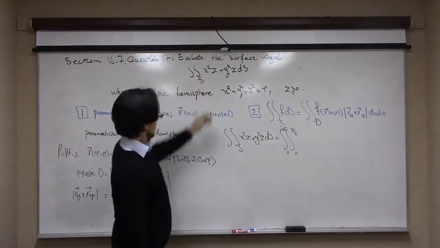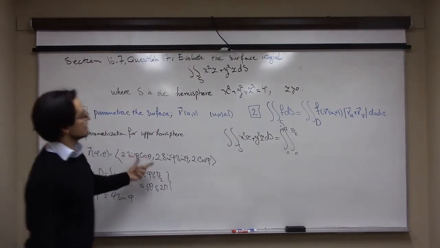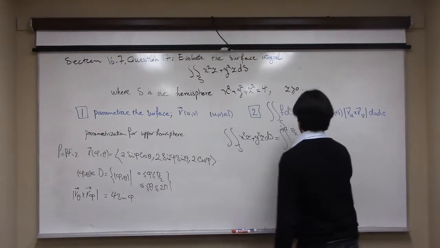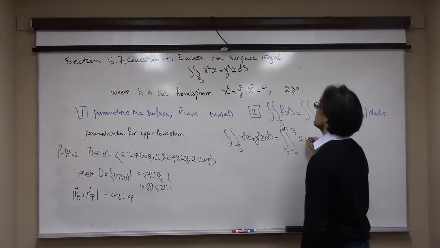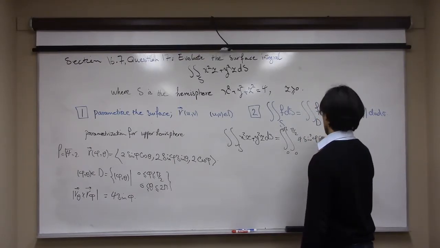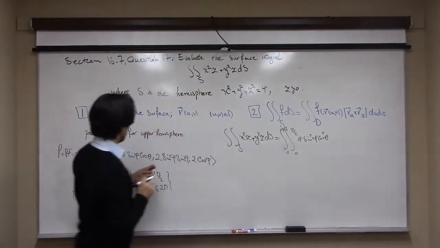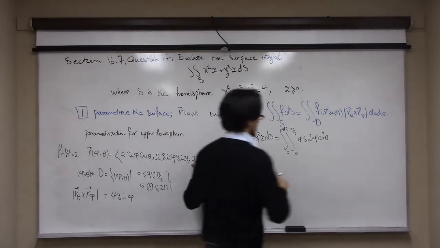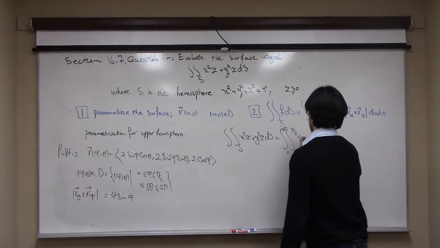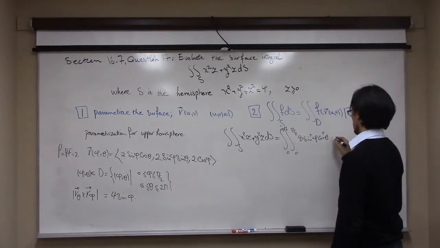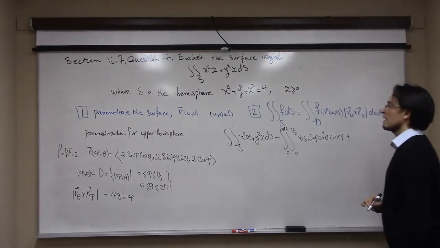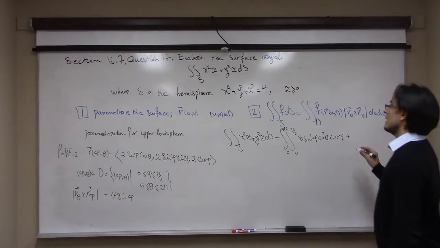For x, we have to plug in this thing. So for x, I have 2 times, it is x squared. So I have 4 sine square phi cosine square theta times z. Z is given by this, so I can multiply that here, and I get cosine phi plus y squared.